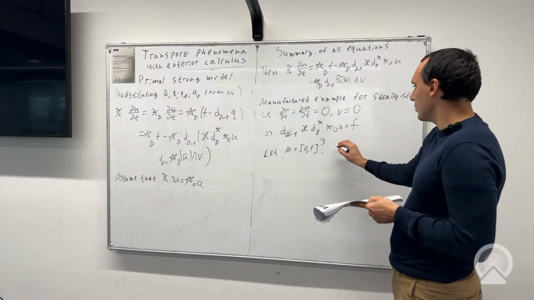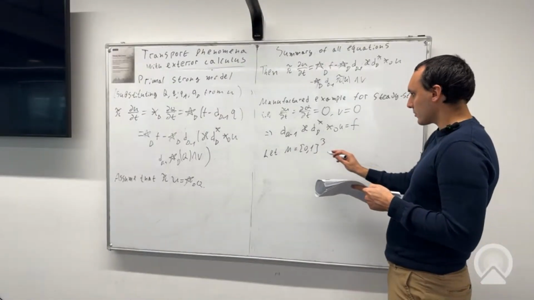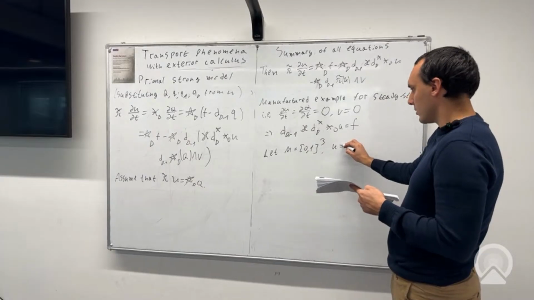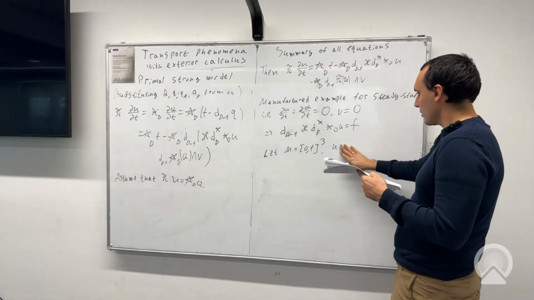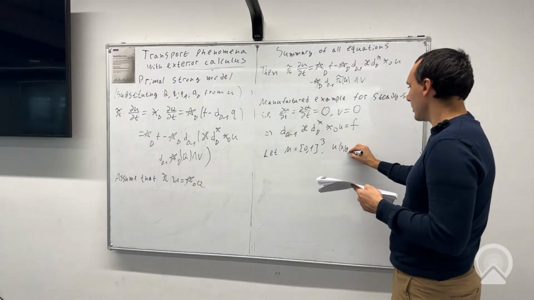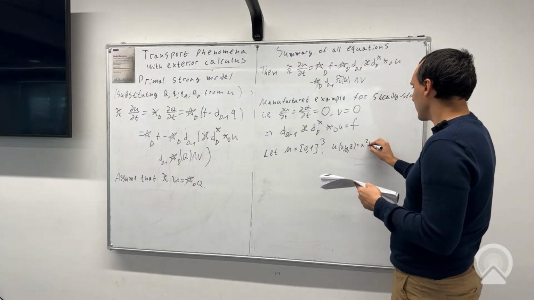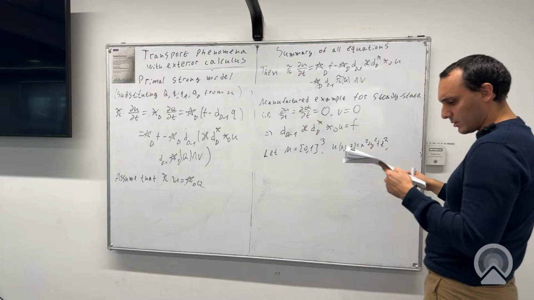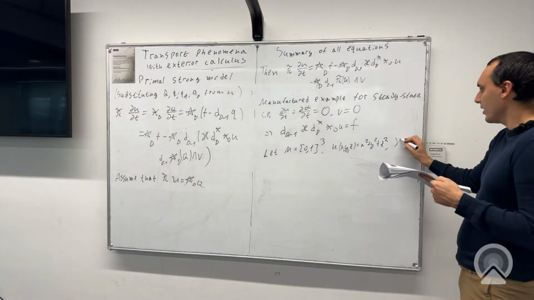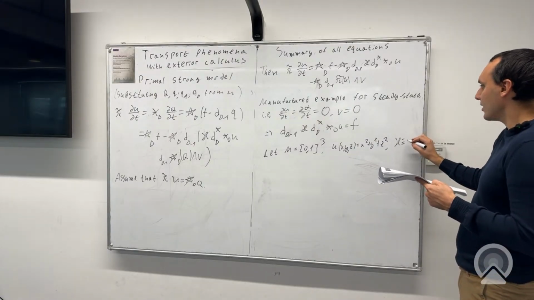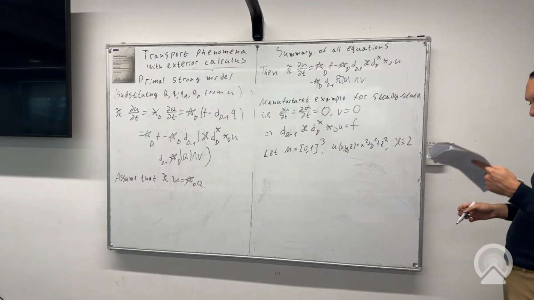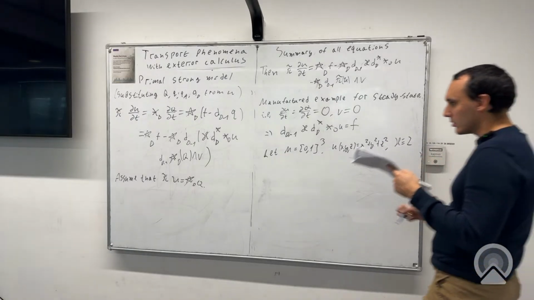And say U of x, y, z is x squared plus y squared plus z squared, and let's say kappa is constant 2. Maybe it can be 1, but I decided to be 2.